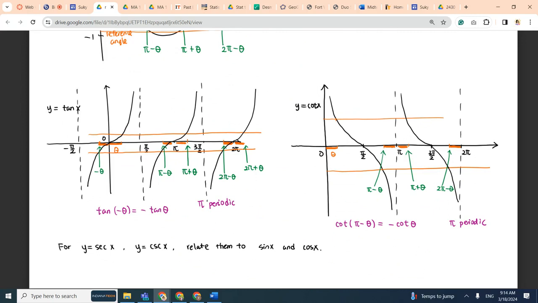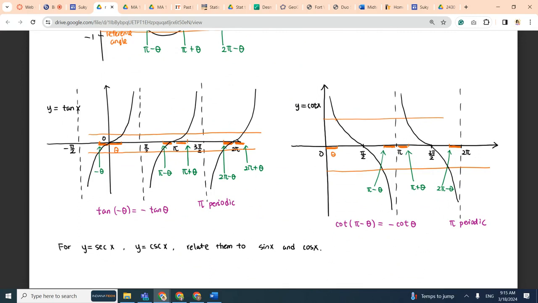And because cotangent is also pi periodic, what is cotangent of pi plus theta? It will be the same as cotangent theta, right? And how about the cotangent of 2 pi minus theta? It is the same as this guy, or you can draw another piece here, and then you will see this is also negative of cotangent theta. Is that clear, everybody? Yeah.